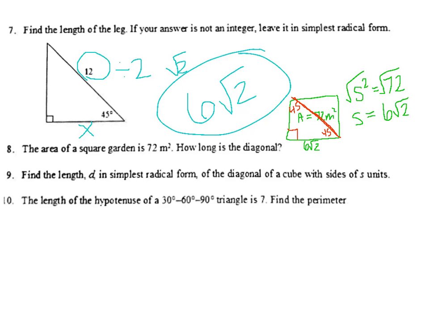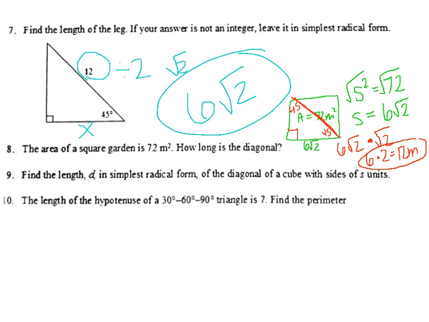If my side is 6 radical 2, in order to get to my hypotenuse, I have to take whatever my side is and multiply it by radical 2. So 6 radical 2 times radical 2 will give me 6 times 2, which is 12 meters. So 12 meters is the length of your diagonal for this problem.